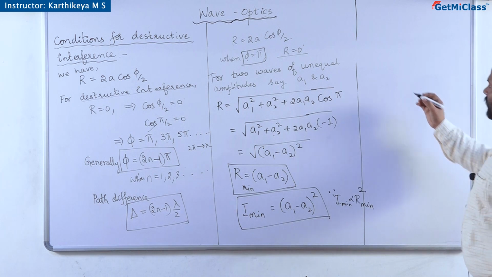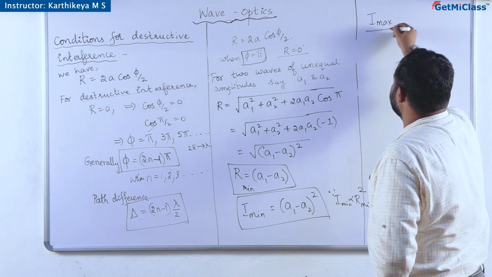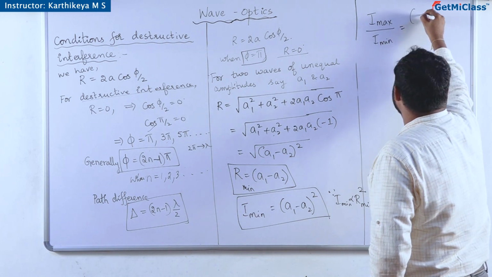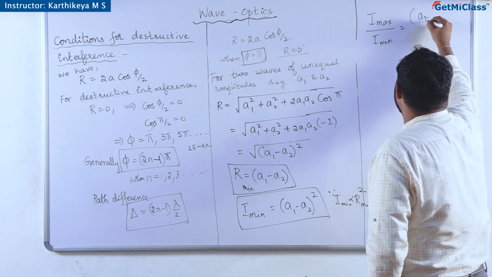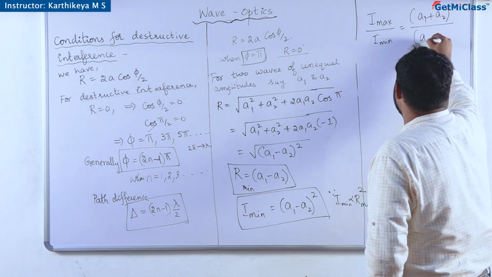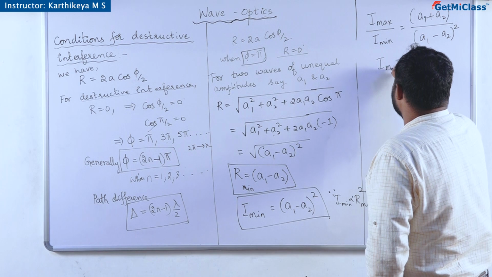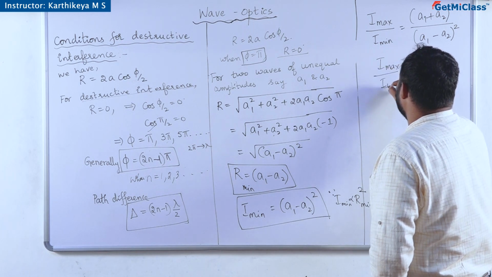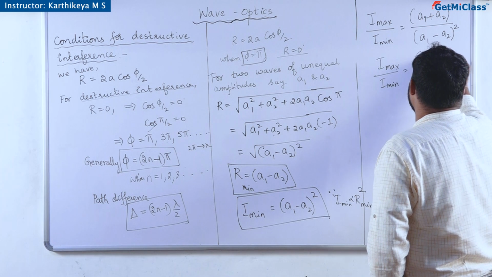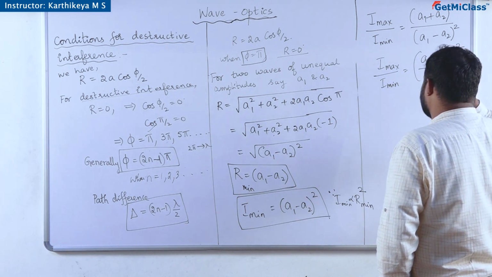Now the ratio of the maximum to minimum intensity is A1 plus A2 whole square divided by A1 minus A2 whole square.